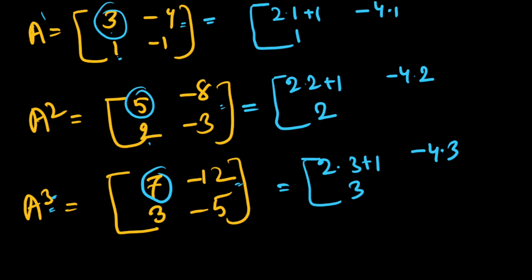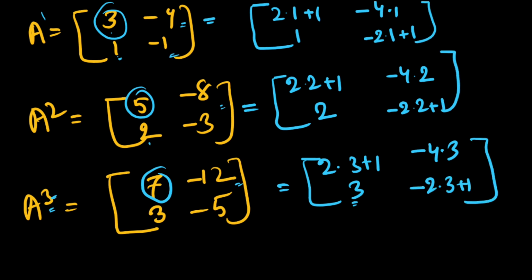And the last terms are -1, -3, -5, that is -2 times 1 plus 1, -2 times 2 plus 1, -2 times 3 plus 1. So -2 plus 1 is -1, -4 plus 1 is -3, and -6 plus 1 is -5.